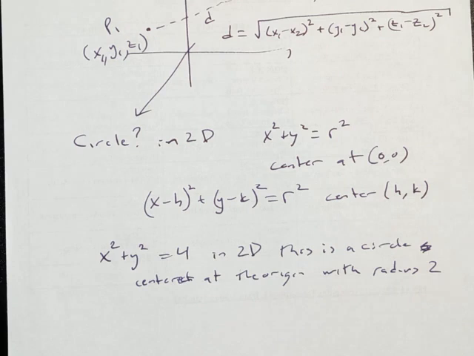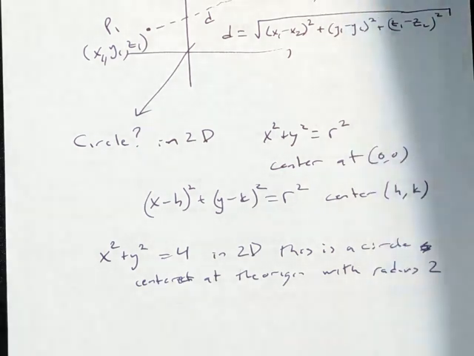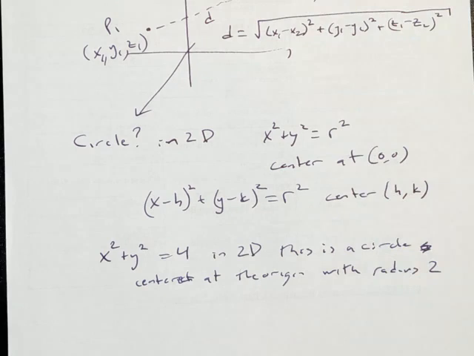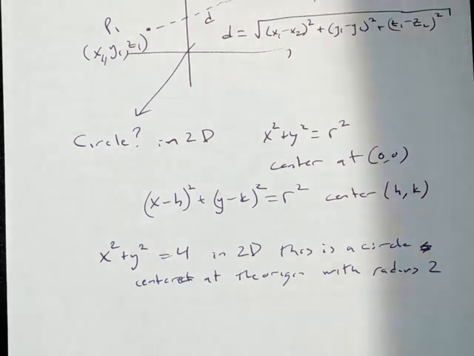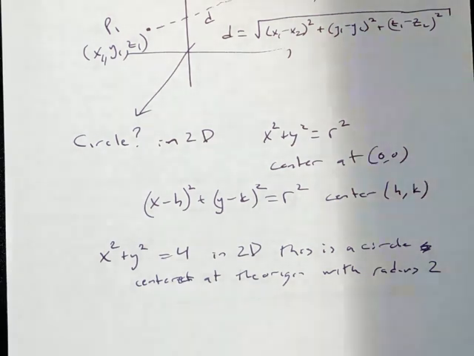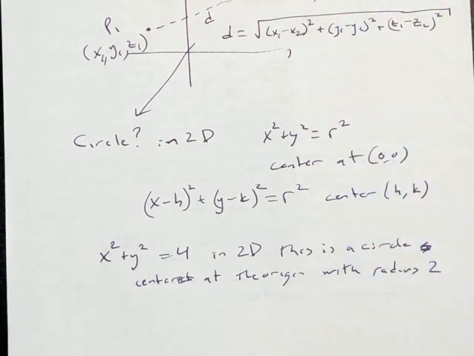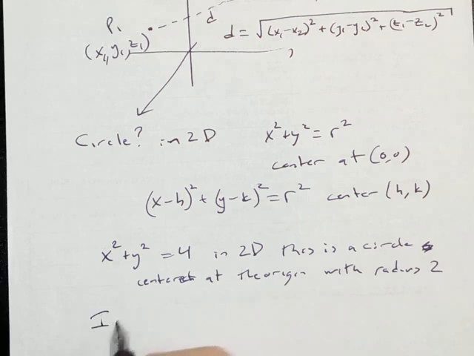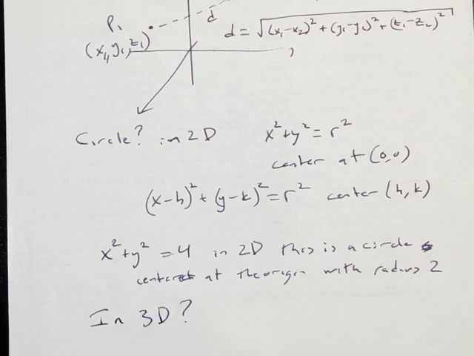Okay, that's in 2D. I'm going to keep going because I only have 10 minutes and I really want to get through this, I promise. What if I do this same question in 3D? What happens in 3D? Think about our plane.